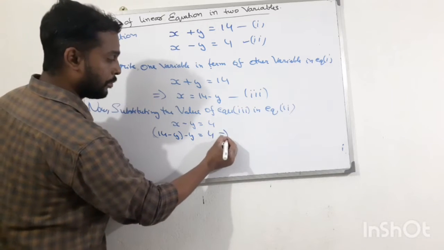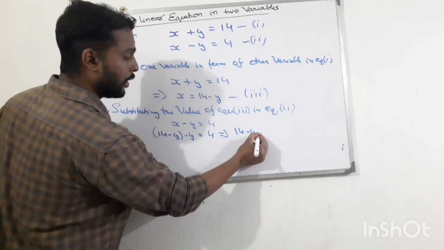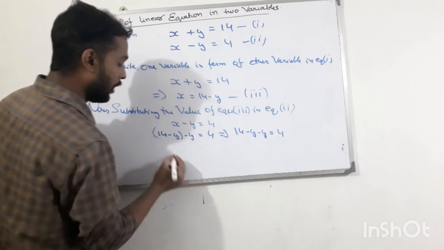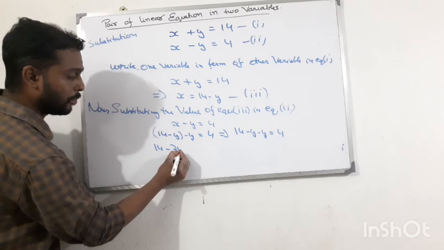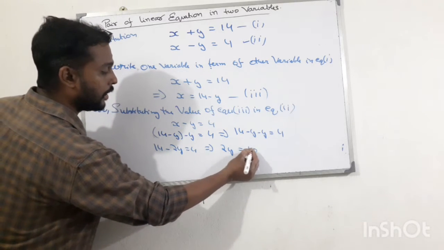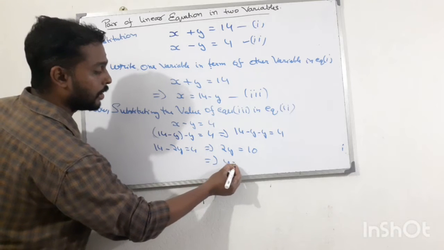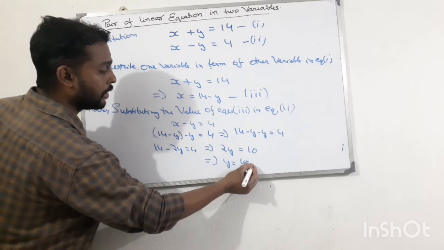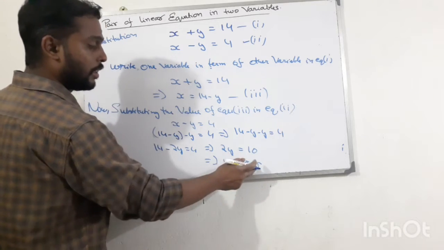This implies 40 minus 2y is equal to 4. This implies 2y is equal to 36. This implies y is equal to 36 divided by 2. Then we get the answer y is equal to 18.